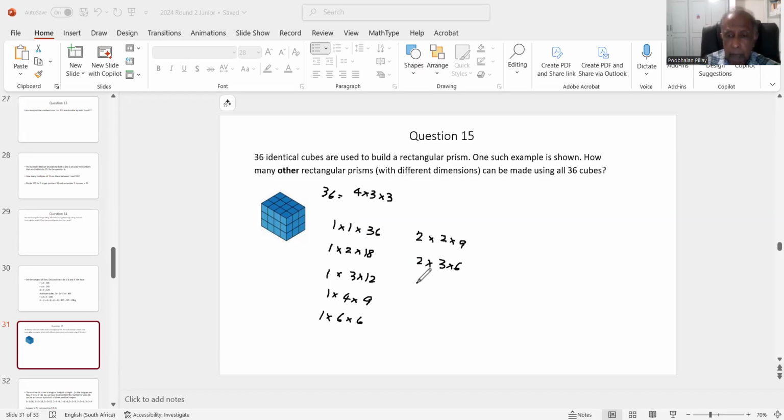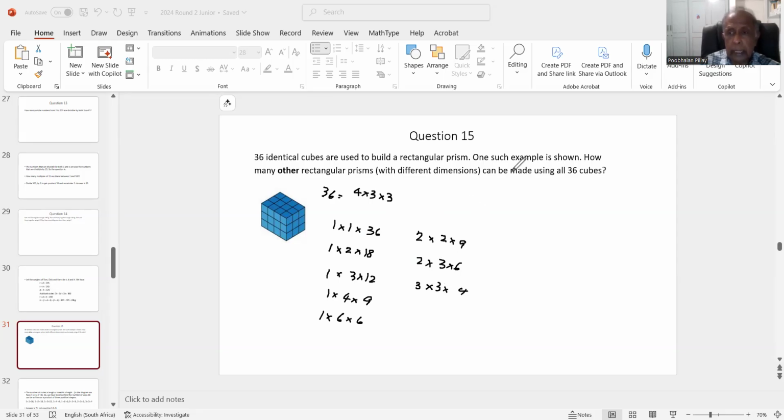And of course, if you have 3 times 12, now you're not allowed to put 2s and 1s. That is why I didn't put any 1s here. I just put them in increasing order. If you put 1s, you'll repeat some of those things. We don't want to repeat. And with 3, now you can't put 1 or 2. Start with 3. 3 times 3 is 9, 4. But that's the same as this.